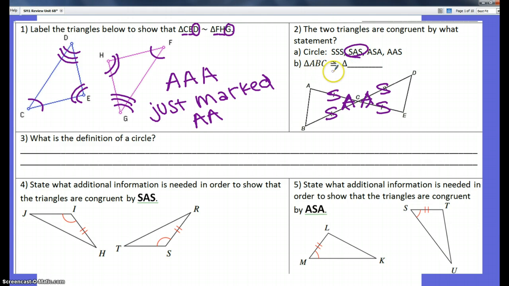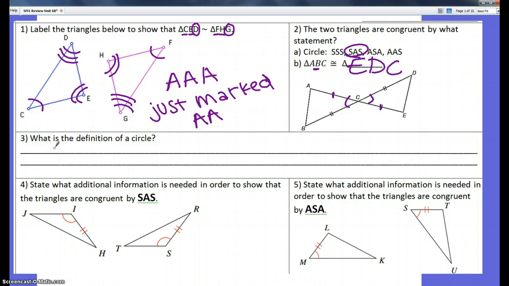If we look at these markings a little bit closer, A has the one line and so does E. So A matches with E, B matches with D, and then C at the end. So EDC is congruent to ABC.